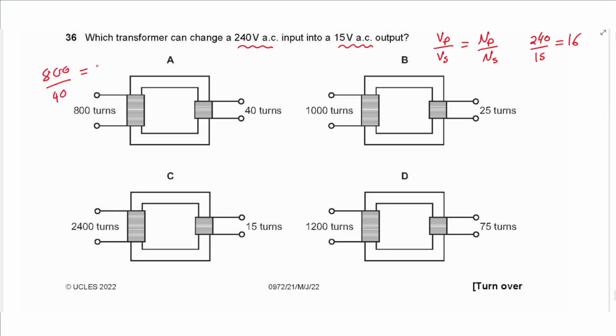This gives an answer of 20. In B, we divide 1000 turns over 25. That gives 40. In C, we divide 2400 by 15 turns. That gives an answer of 160. And the last one is 1200 divided by 75. That gives 16, same as VP over VS. So the answer is D.